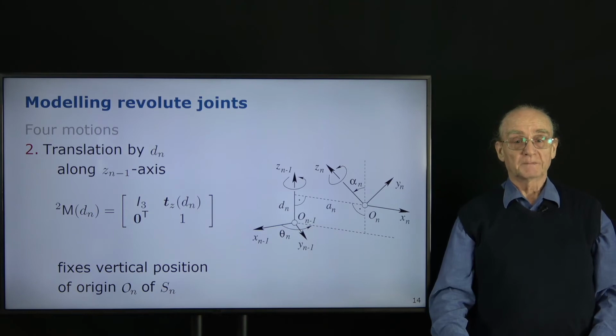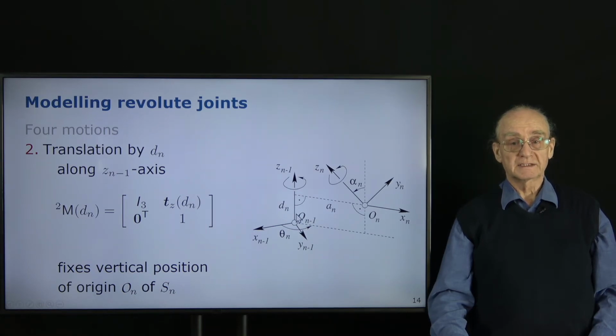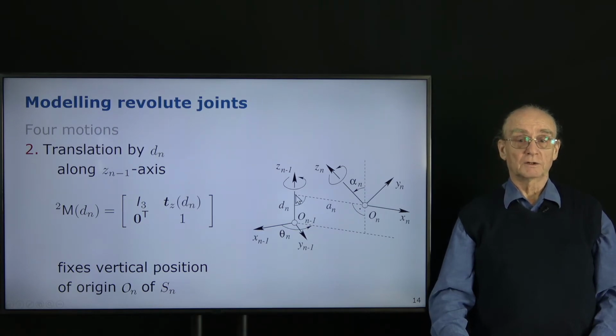The second one is that we shift this rotated coordinate system, x, y, z, along the z-axis by the amount dn, in order to define the height of the origin ON over the original xy plane.